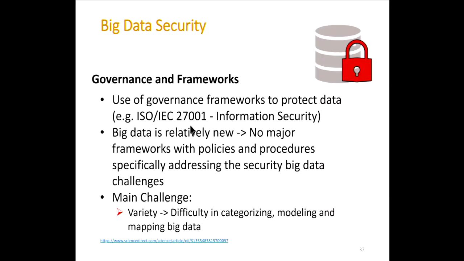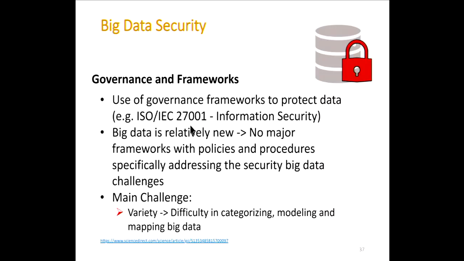So every organization operating partially in Europe had to comply with these changes and change their terms and conditions accordingly. So governance and frameworks: when it comes to security, there are well-known frameworks for general security.